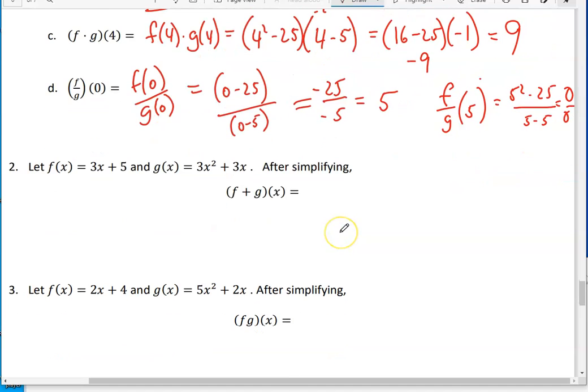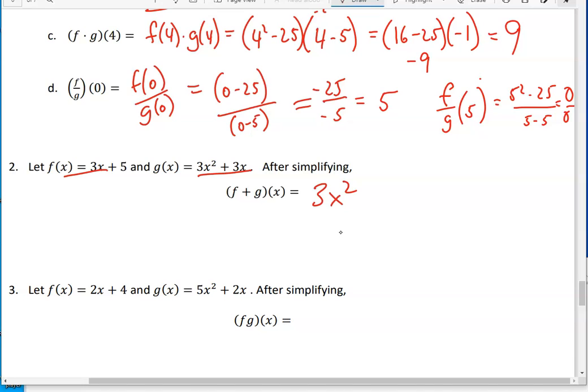Okay. What's this one? Let's simplify. What is f plus g of x if I have these two, f of x and g of x? They're just wanting us to simplify this. They want us to add them together. What can we simplify? Well, let's see here. I've got 3x squared. No other x squareds around, so there's still a 3x squared.